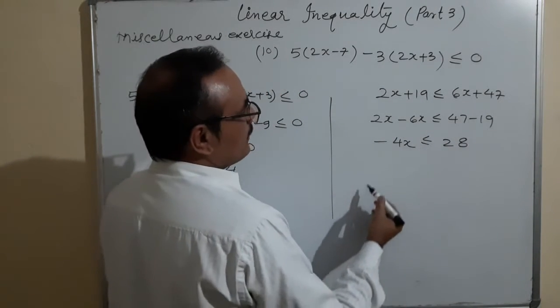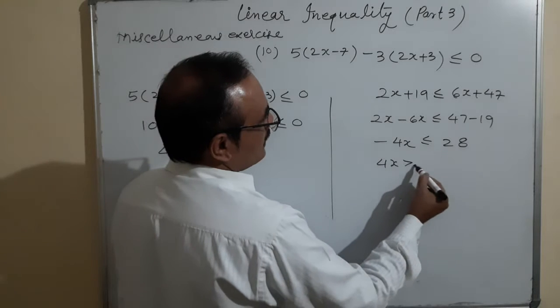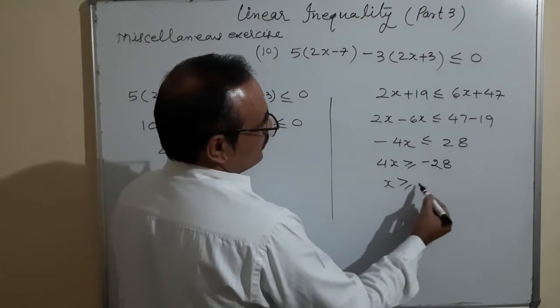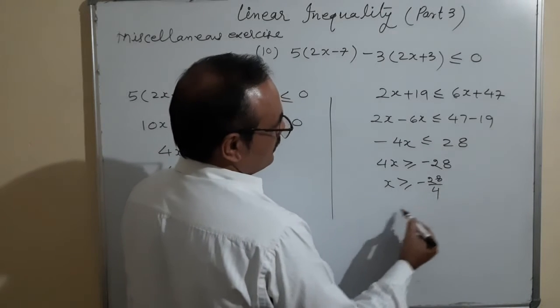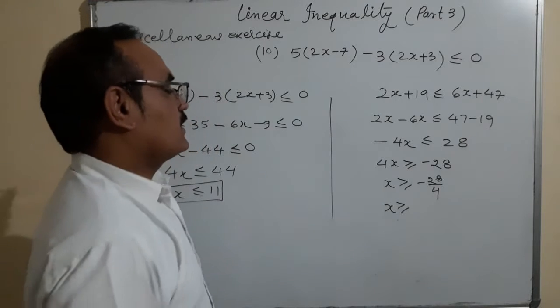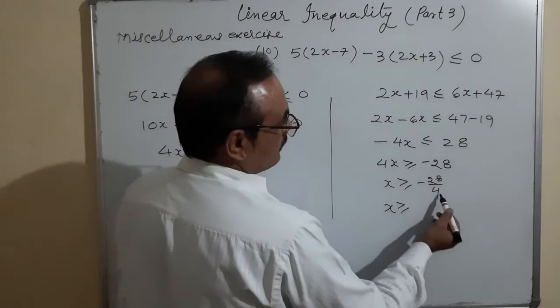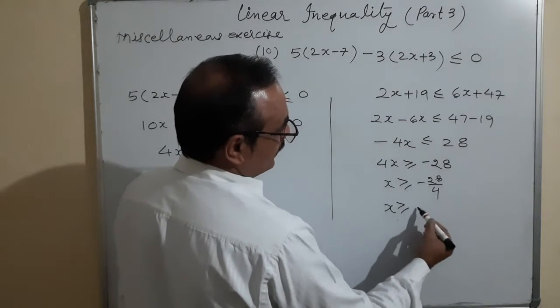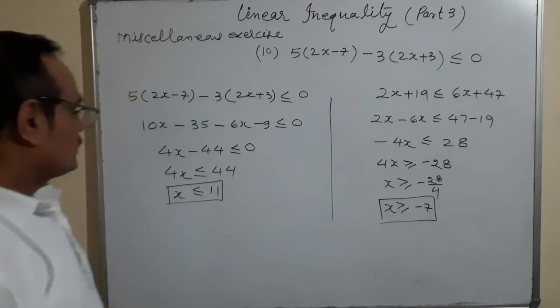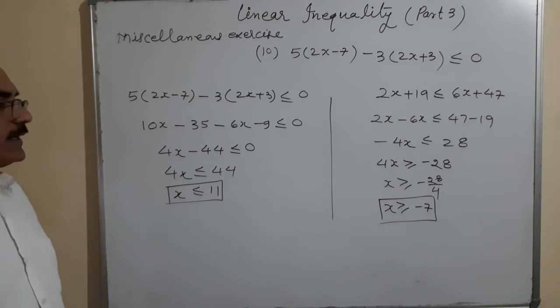When I multiply by minus 1, 4x is greater than or equal to minus 28. The inequality will change. So x is greater than or equal to minus 28 upon 4, that is minus 7. Okay, so x is less than or equal to 11 and x is greater than or equal to minus 7.